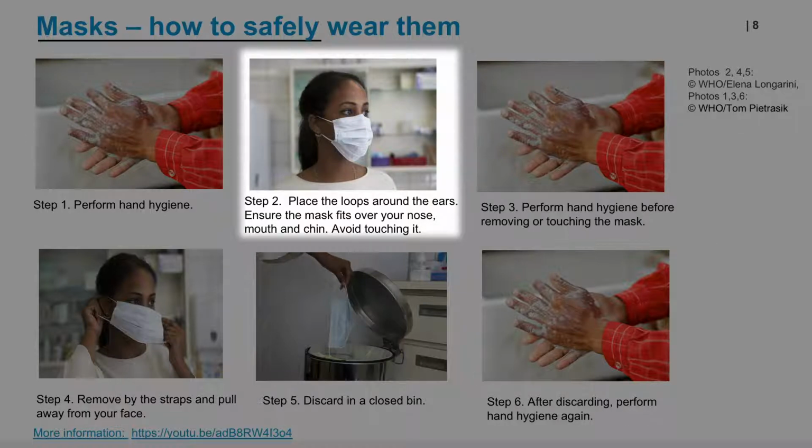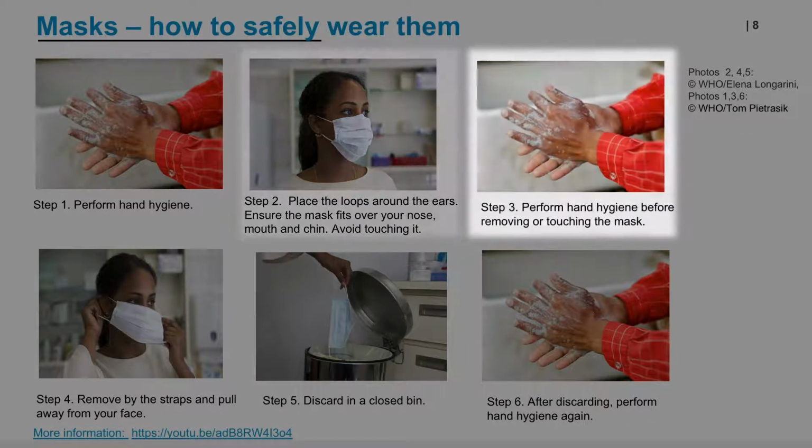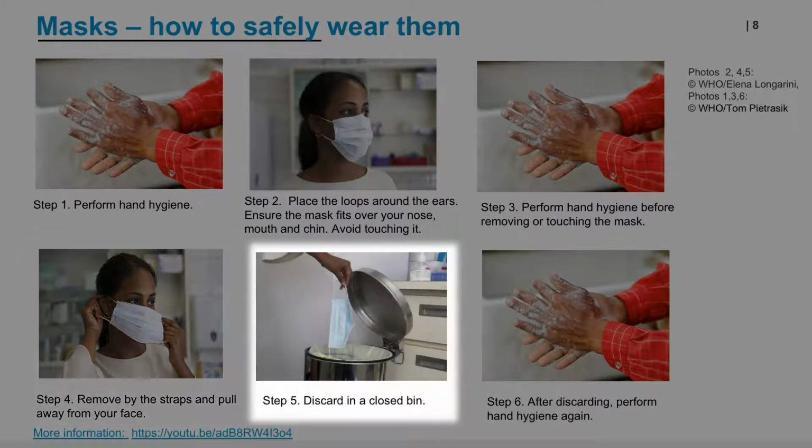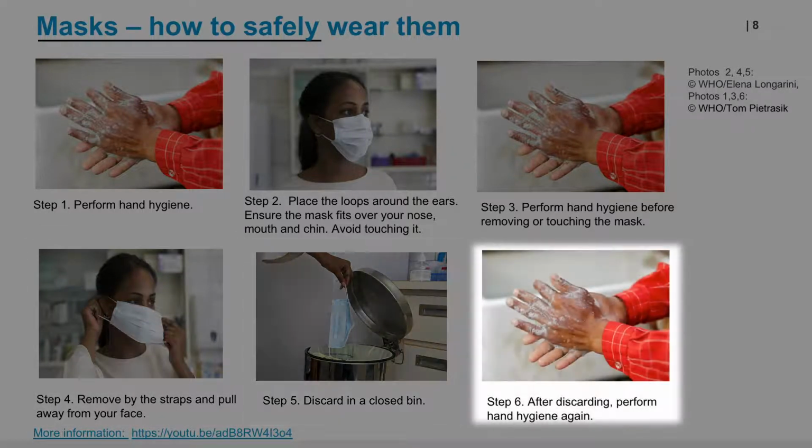They should also avoid touching the mask while it is on the face. If you must do so, clean your hands before. Masks should also be changed when they become soiled, wet, or damaged. When you want to remove the mask, clean your hands and remove the mask by the straps, and pull the mask away from the face. Discard the mask in a closed bin and clean your hands again.